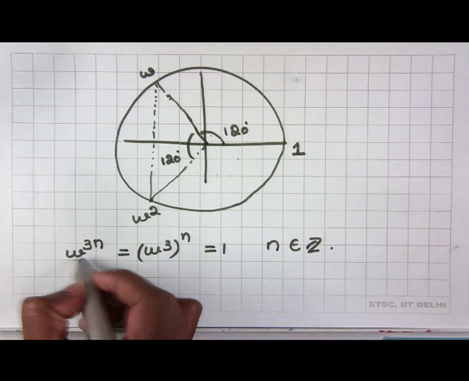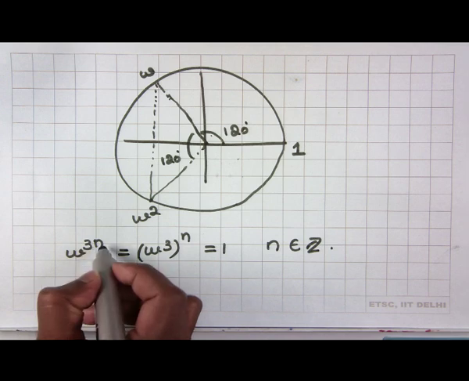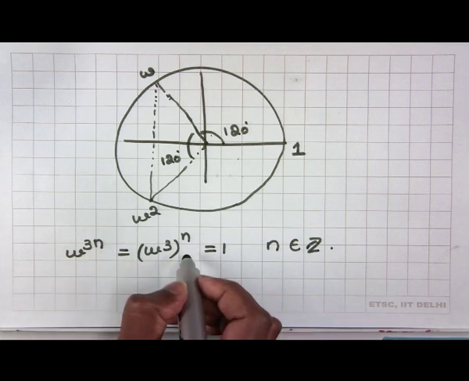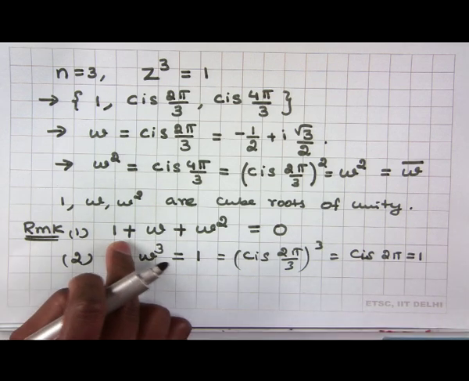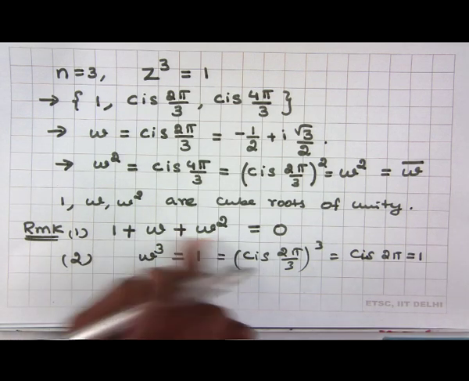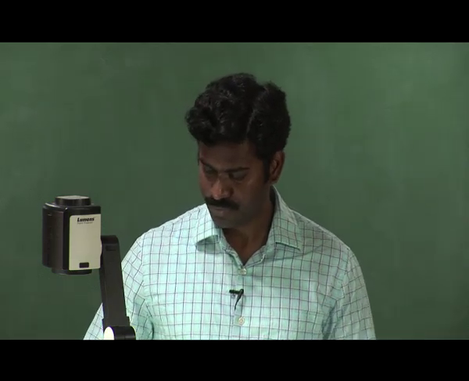So, the observation is if we have omega power 3 multiples, it is 1. And one more observation we made is the sum of cube roots of unity is 0, like in general the sum of nth roots of unity is 0.